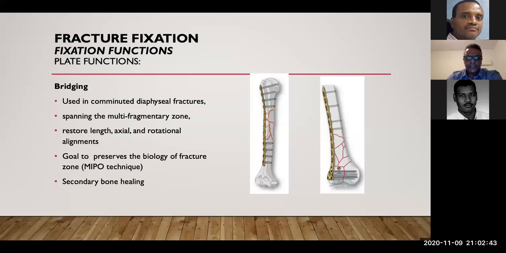And as I mentioned, the goal of this use of this plate, you can use it through MIPO technique, and then you can preserve the biology of the fracture zone. And obviously, it doesn't give absolute stability, so the bone will have relative stability, and it will be a secondary bone healing.